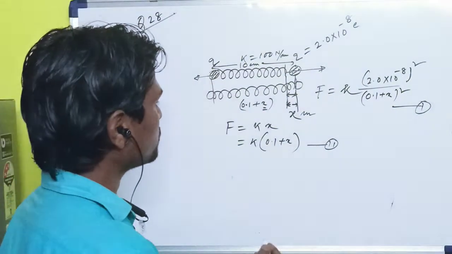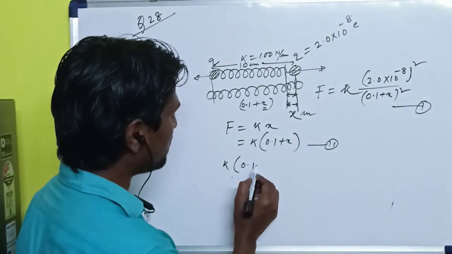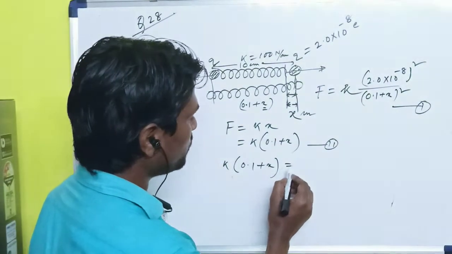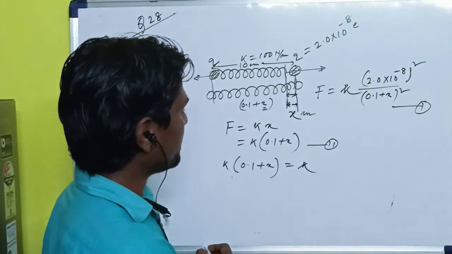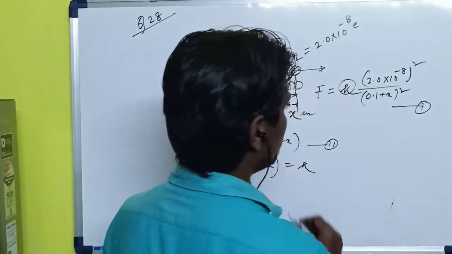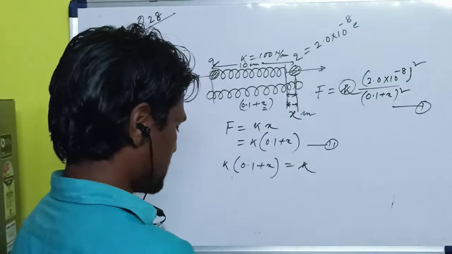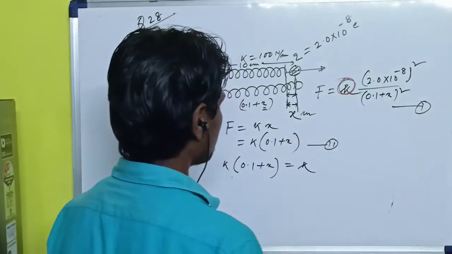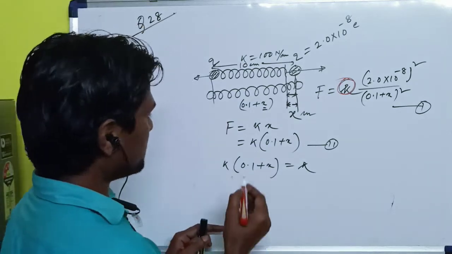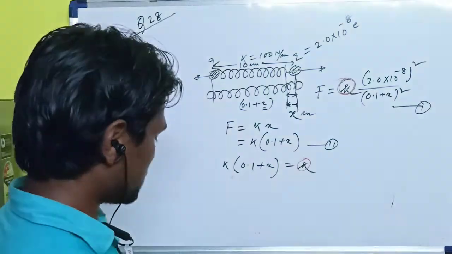So 1 and 2, if we equate them, k into 0.1 plus x equals to kappa into q square by the separation square. Here kappa is a constant, but k is another constant.